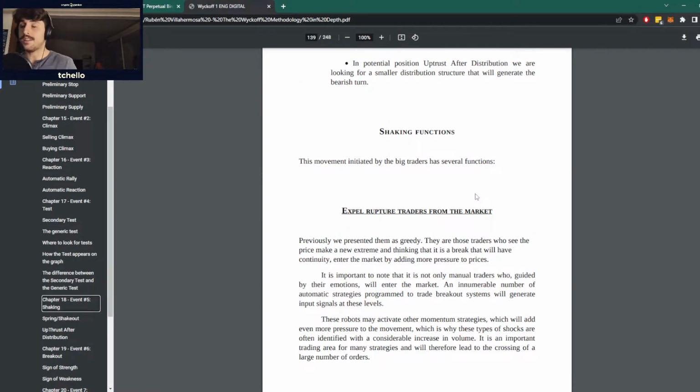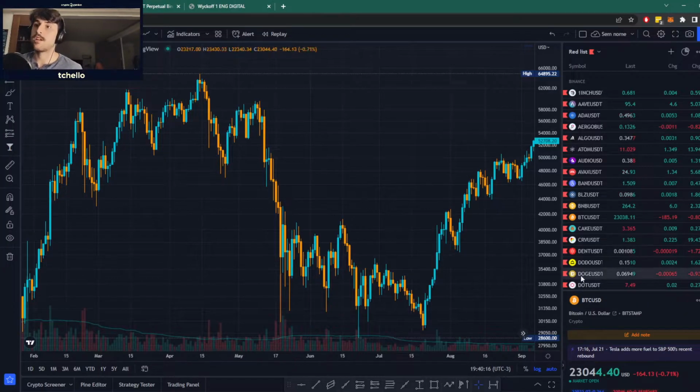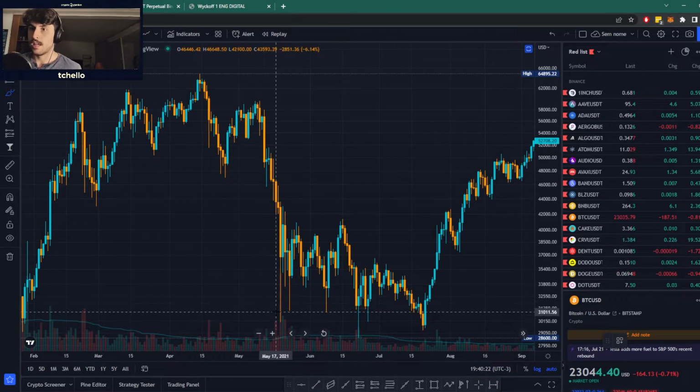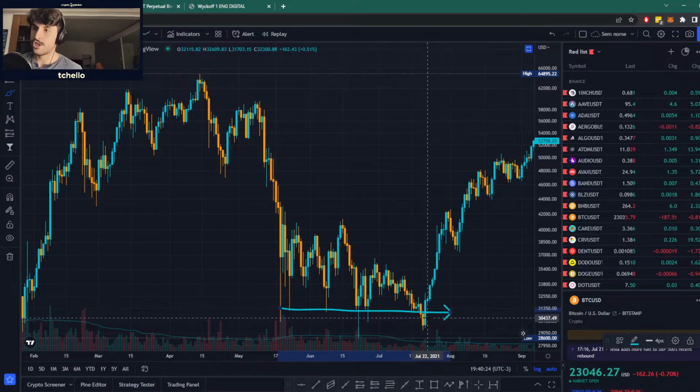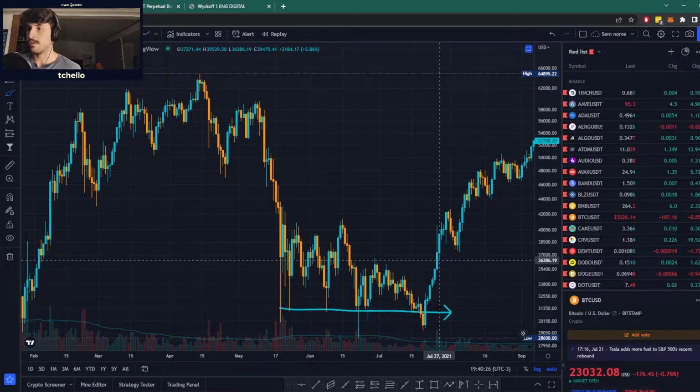Now, shaking, and this is the part that I think is really, really important, it serves a purpose in the Wyckoff theory, all right? So the first function that it has is to expel all the people that are trading breakouts, right? A lot of people would trade a breakout. Like, for example, if we break out of this range here, then you should short because Bitcoin is going to go down.